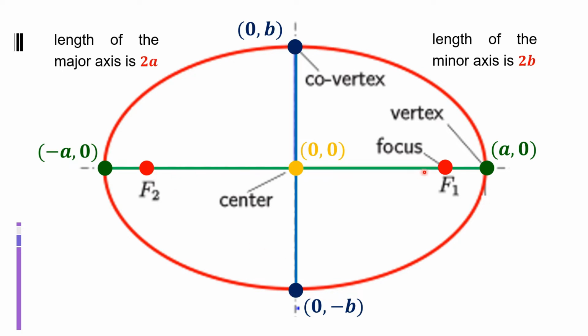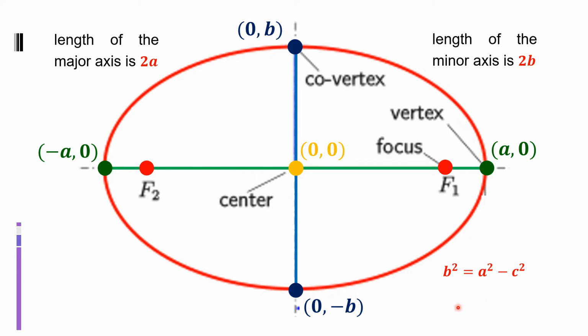And we have here the foci, yung dalawang red natin, and the distance from the center to a focus is c. Therefore, from the focus to another focus, the distance is 2c. And we have here the relationship between a, b, and c.